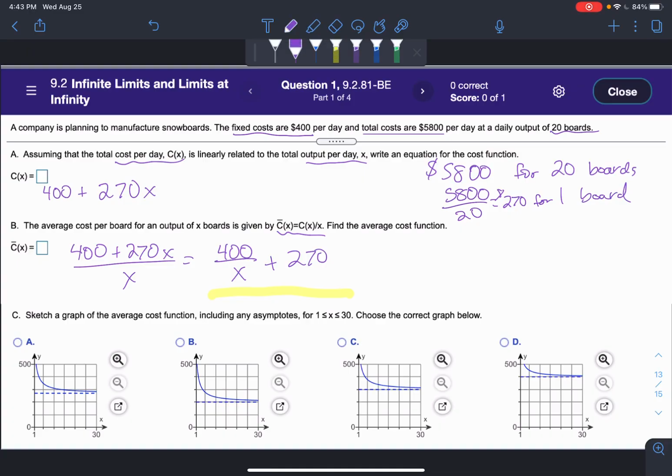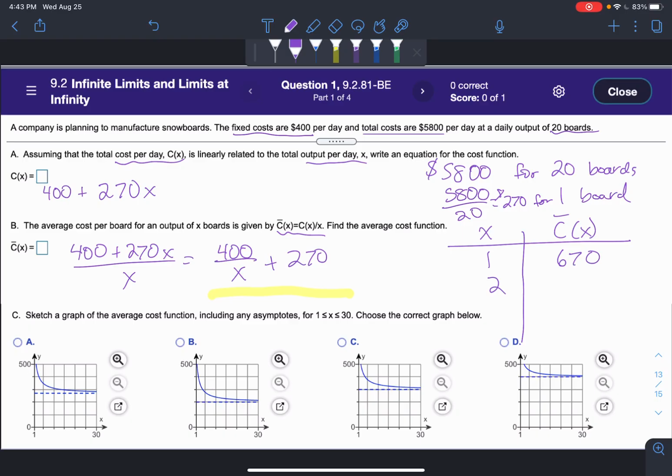Okay, so let's put in 1, because I can't divide by 0. So 1 would be 400 over 1, which is 400, plus 270, so that would give me 670. And then if I wanted 2, I would do 400 divided by 2, so that's 200, plus 270, which would give me 470.